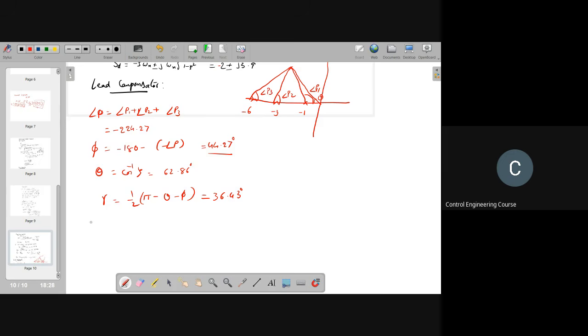Then from this gamma, the location of the zero for the lead compensator is omega n sine gamma by sine theta plus gamma, which comes to 2.64. Then the pole PC is omega n sine phi plus gamma by sine theta plus phi plus gamma, which is equal to 7.29.